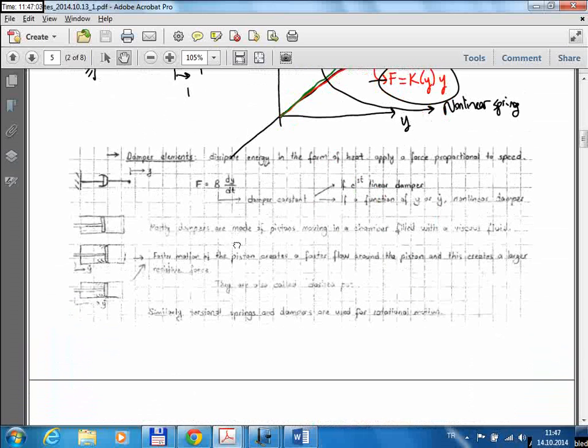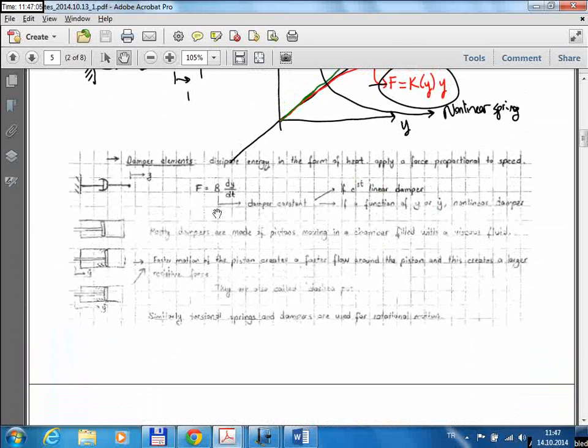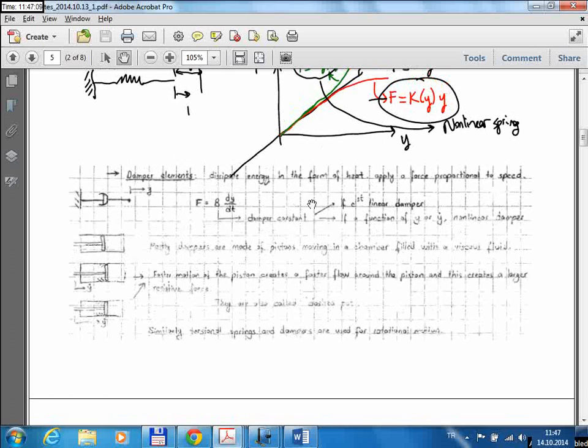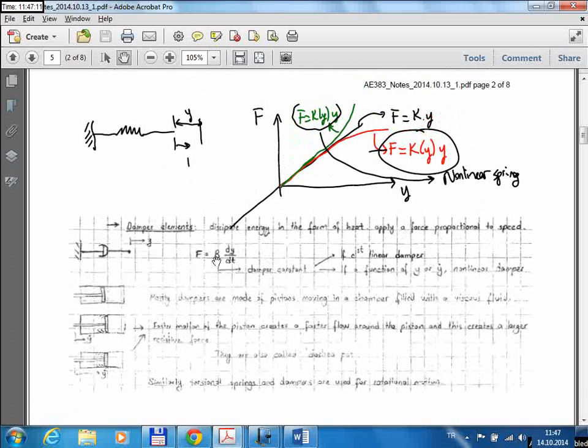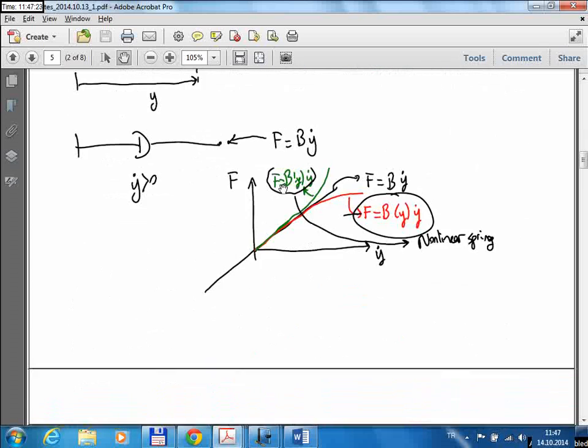Dampers are also dynamic elements because they have this equation. And just like a spring, if B is a constant number, then your damper is a linear damper. But in case it changes with system variables, like if this is a function of y or y dot, then that means your damper is a nonlinear element.